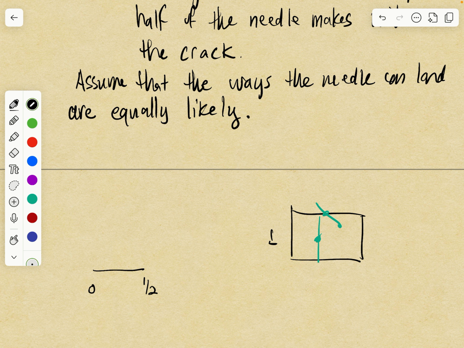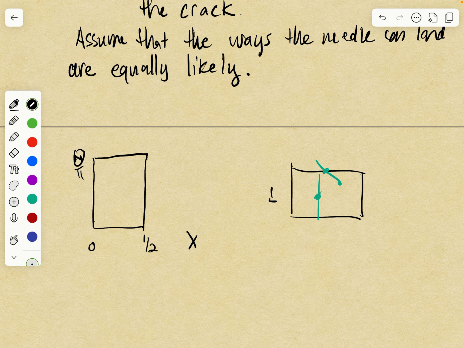So x goes from 0 to a half, and theta can go from 0 to pi. And we assume that each of these possibilities is equally likely. So what that means is that the joint distribution is uniform.